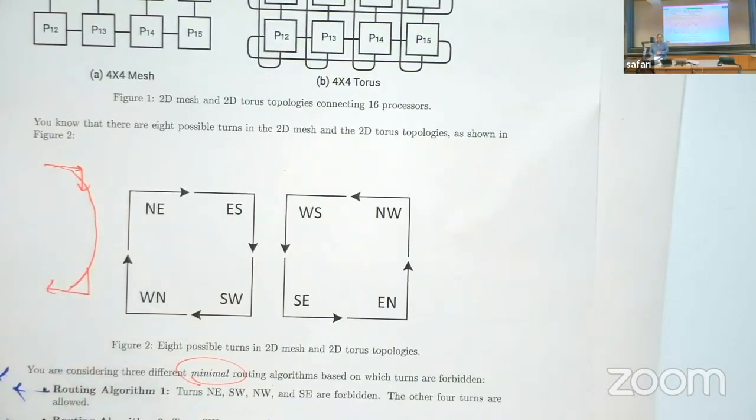Do you agree? So in algorithm 1, we don't have southwest, right? Southwest is forbidden, which means that we cannot have that rightmost edge in a clockwise order.